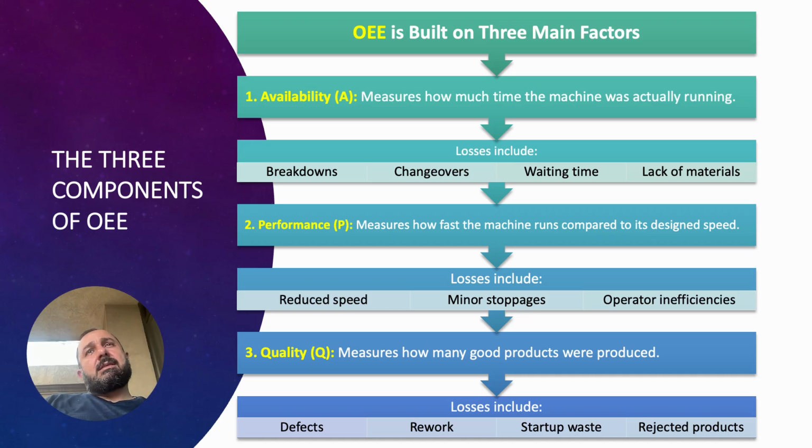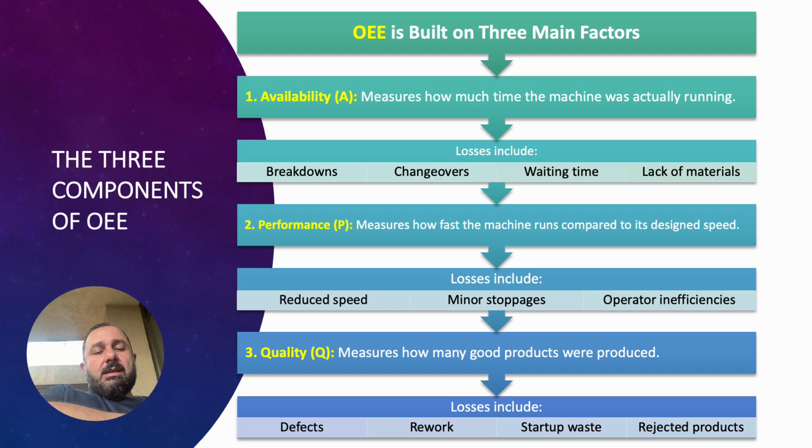All this affects the performance, and usually the losses are reduced speed, where someone managing the line reduces the speed of the line, or minor stoppages in some places, or maybe the operator is not efficient enough.